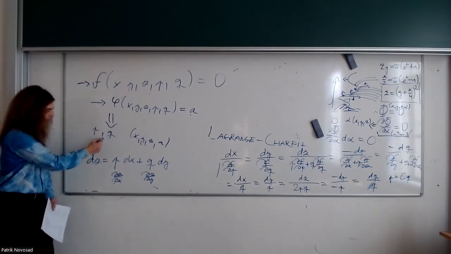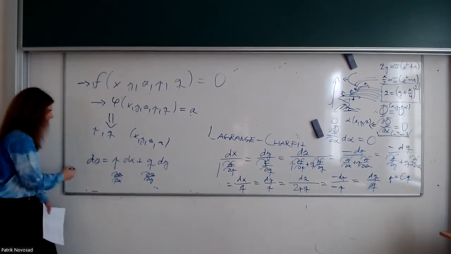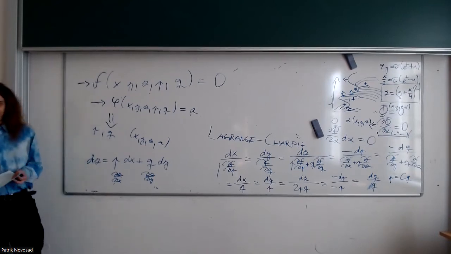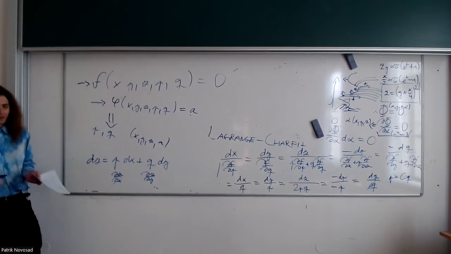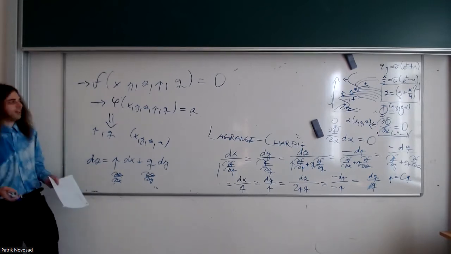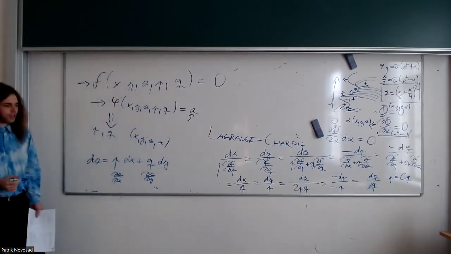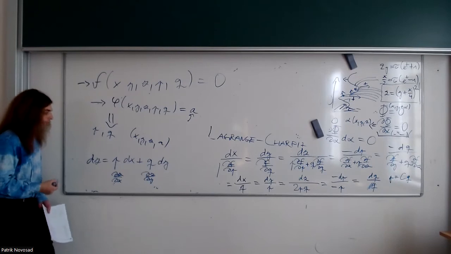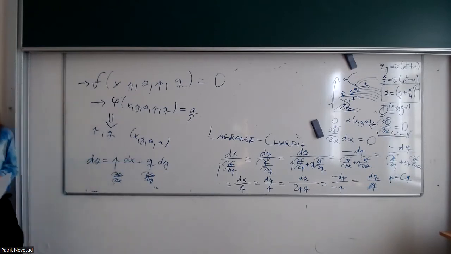I just plug p and q into this expression, and then I just integrate. After this integration, I will get a second integration constant. In this manner, I will arrive at a two-parameter family of solutions, because I have one parameter from this integration constant, and there will be another from the one that will appear after integrating this.